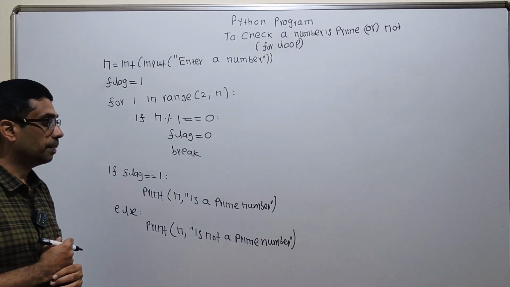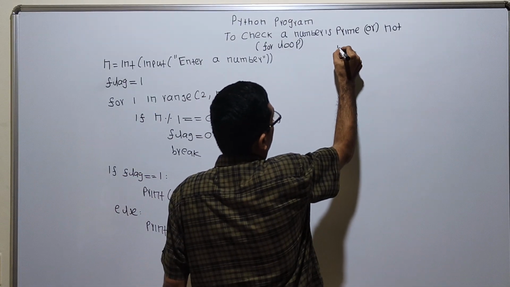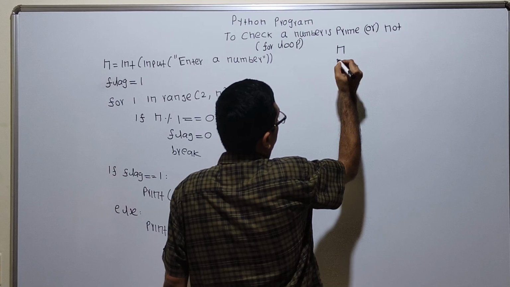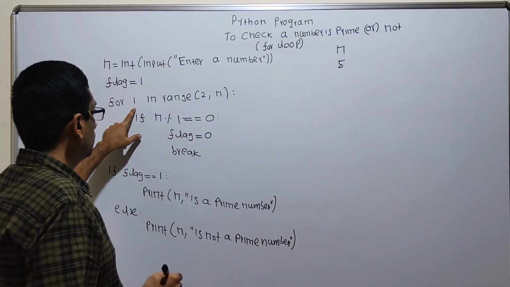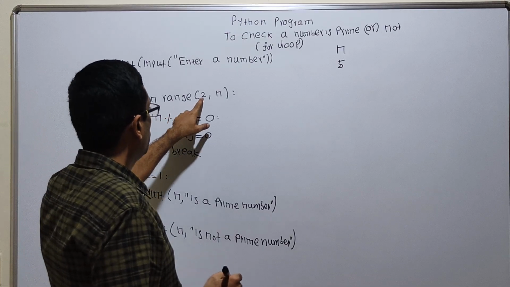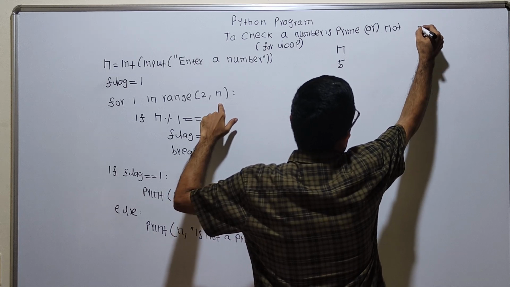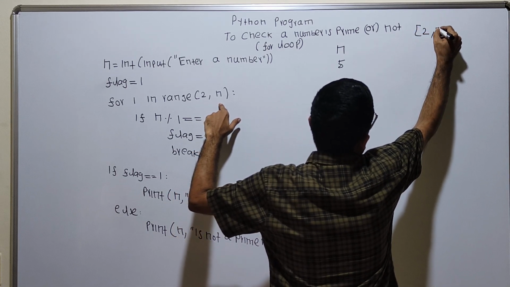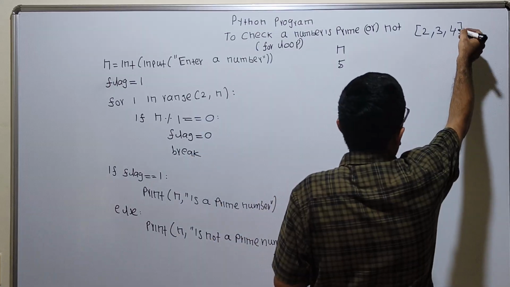We will take a sample input and check how this program works. For n, my n value is 5. We will come to this statement and a sequence will be generated from 2 to n minus 1. That means the sequence generated is 2, 3 and 4, since n is 5 and the sequence is generated only up to n minus 1.